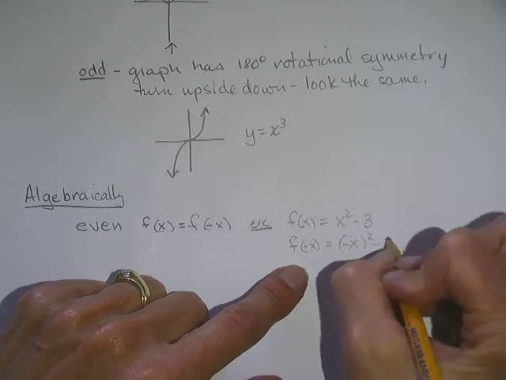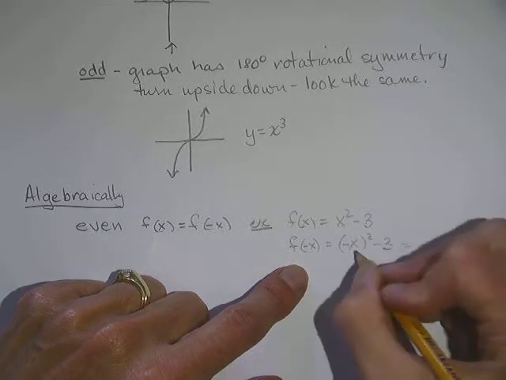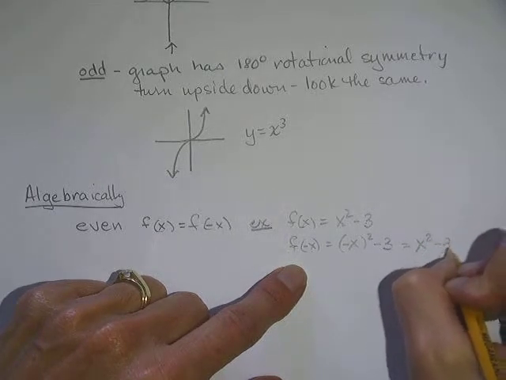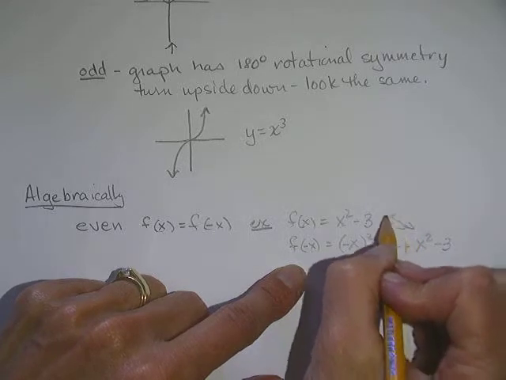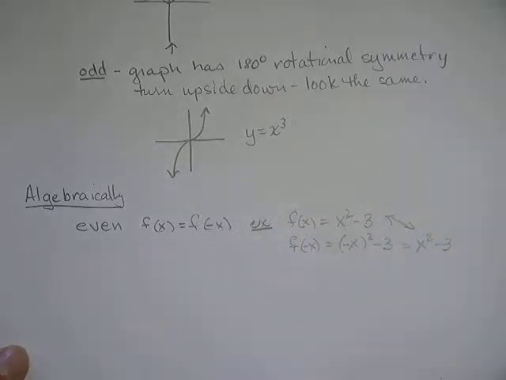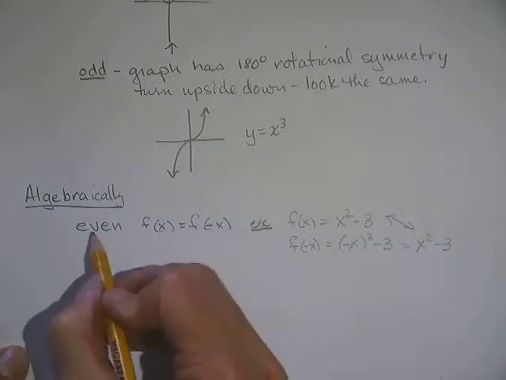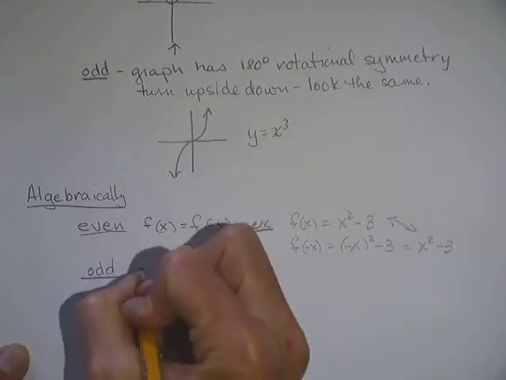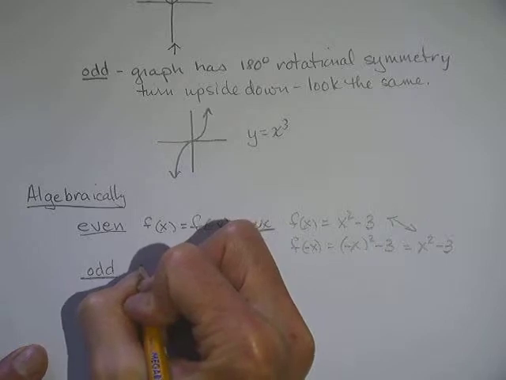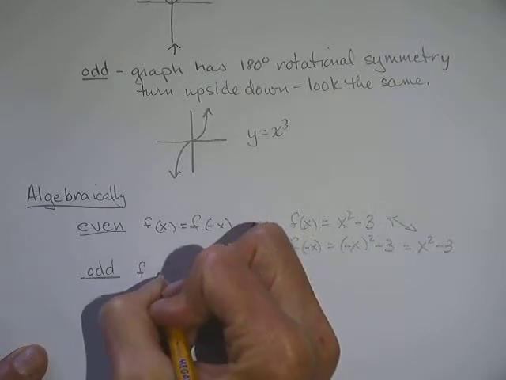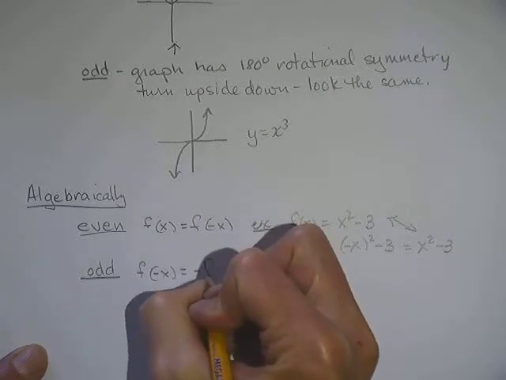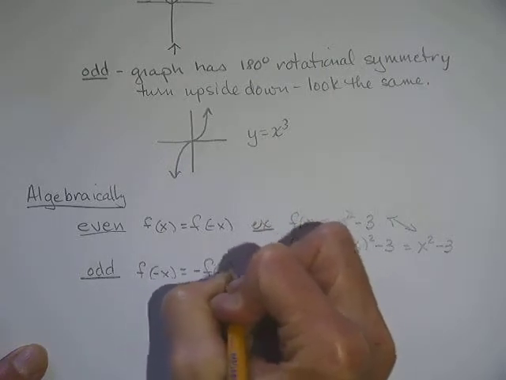That's what f of x equals. What does f of negative x equal? Well, you put negative x in for x. And remember that whenever you're putting in a negative variable or a negative number, put it in parentheses. Well, this equals negative x times negative x, which is simply x squared minus 3. These two are the same, so this function is even.